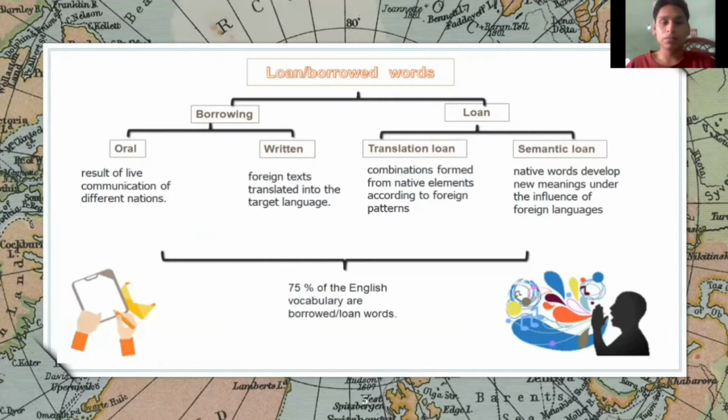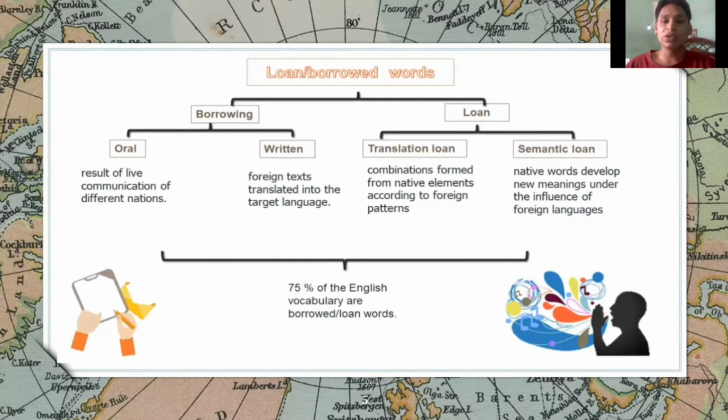So now we are going to look at loan and borrowed words. It is divided into borrowing and loan. In borrowing, we have the oral and written borrowing. The oral or spoken borrowing is the result of live communication of different nations, and the written is foreign text which was translated into the target language.